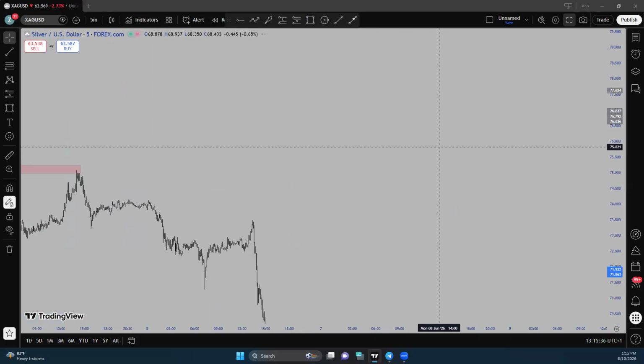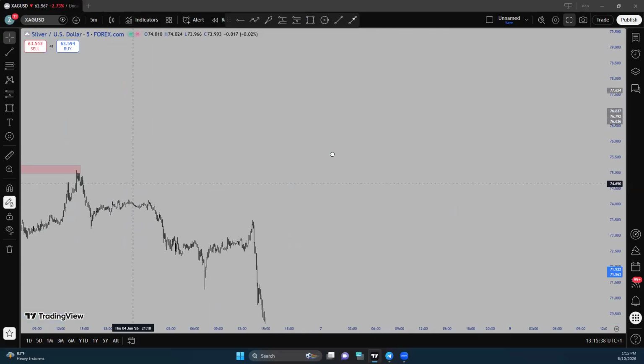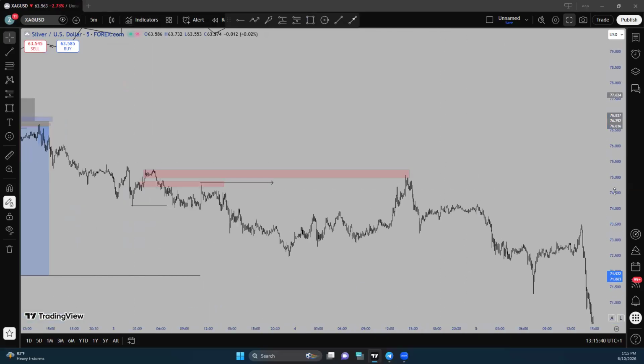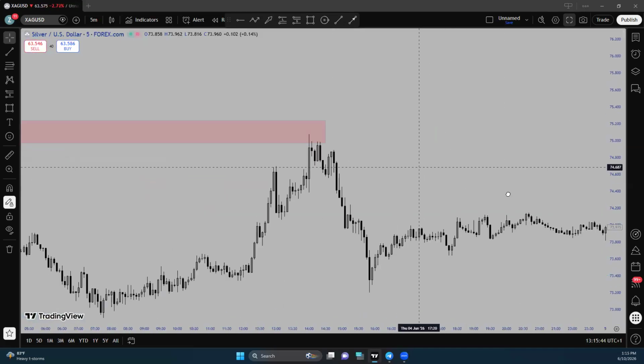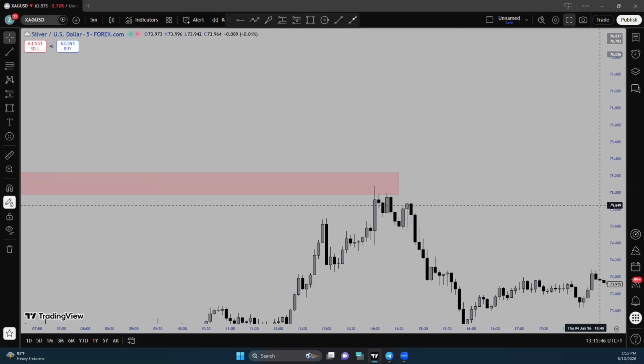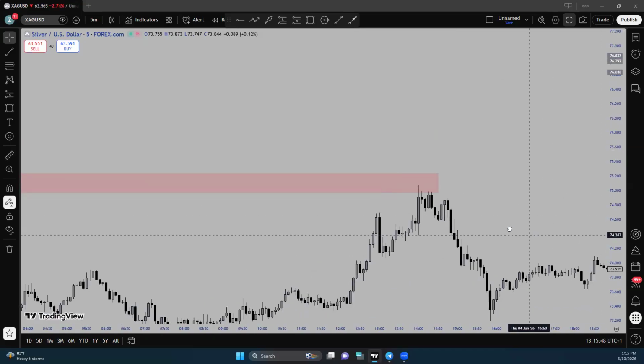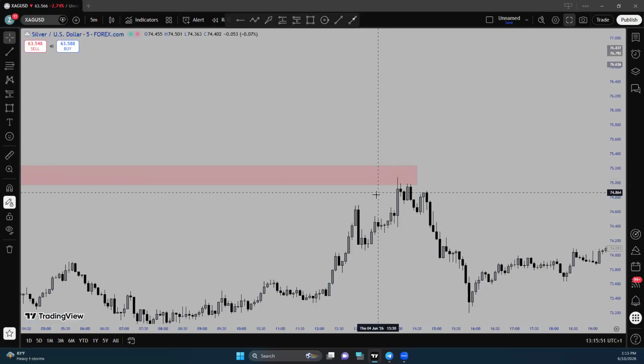take our entry. So if we go to 5 minutes and come to that zone that we tapped into to look for confirmation entry, the first thing we're going to use is to look for our structure. In 5 minutes, you see, we don't have a clear structure based on what I can see.